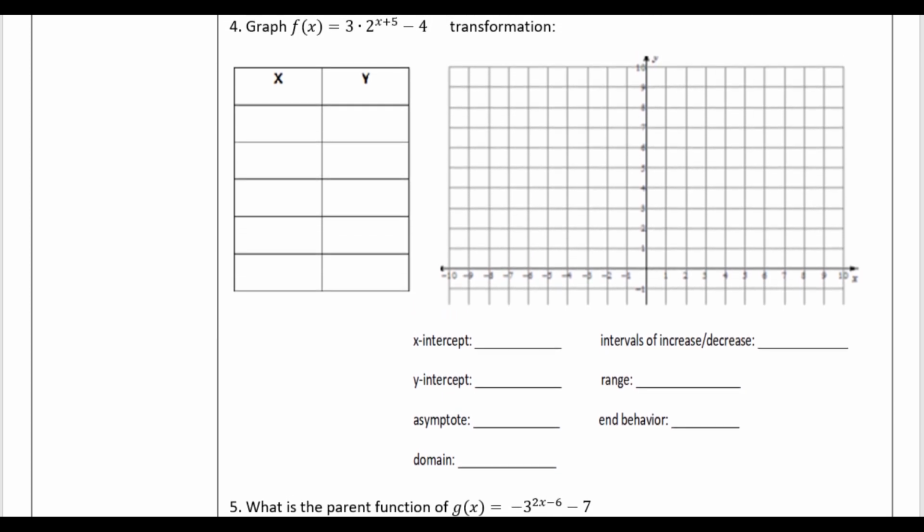Okay, so we have a couple transformations here. So notice that we have the 3 there, we have the 5, and we have the 4. So we have 3 transformations. So I'm going to try to write them down here. So we have a vertical stretch by a factor of 3.